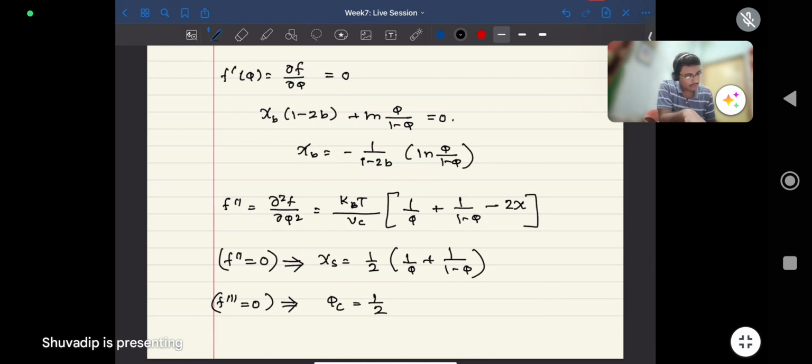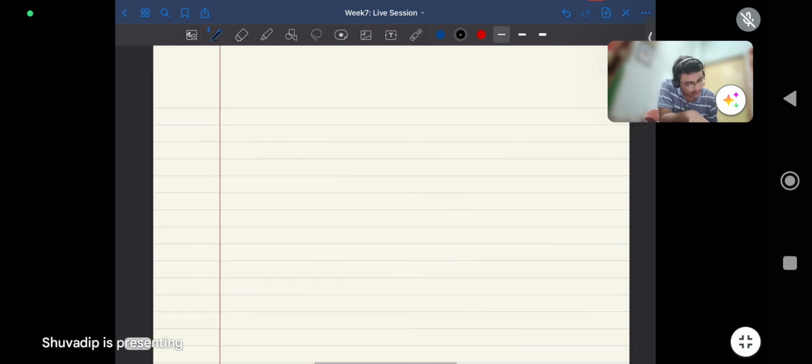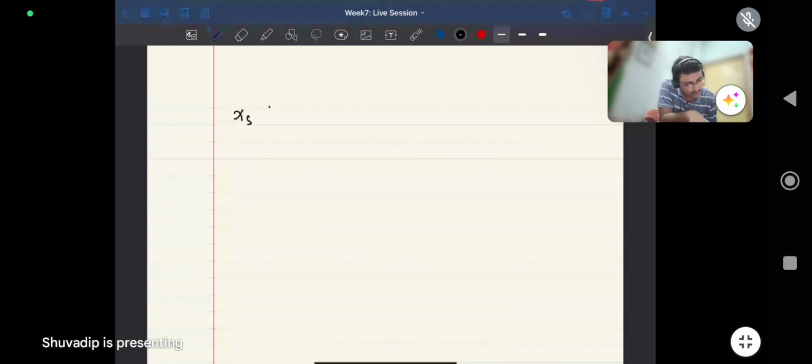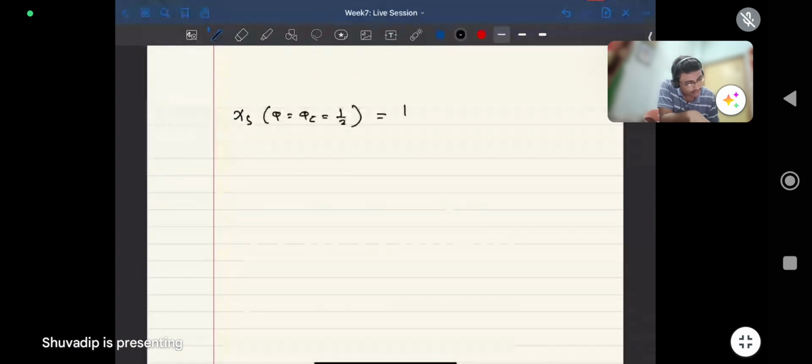So if we want to calculate the critical chi, we have to put in chi s, phi equal to phi c equal to half, which will give half into 2 plus 2, which is 2. So this is the critical chi.